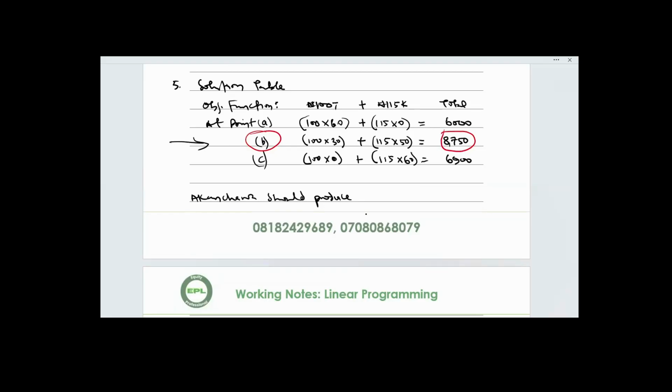So we are going to produce 30 units of Toro and 50 units of Kobo in order to maximize contribution of 8,750 naira per week.